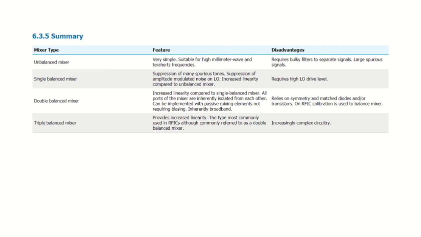And then the single balance mixer can suppress many spurious tones, suppress amplitude modulated noise on the LO, and increase linearity compared to the unbalanced mixer. But the disadvantage is that it requires a high LO drive level and it only suppresses one of the two inputs, RF or LO.